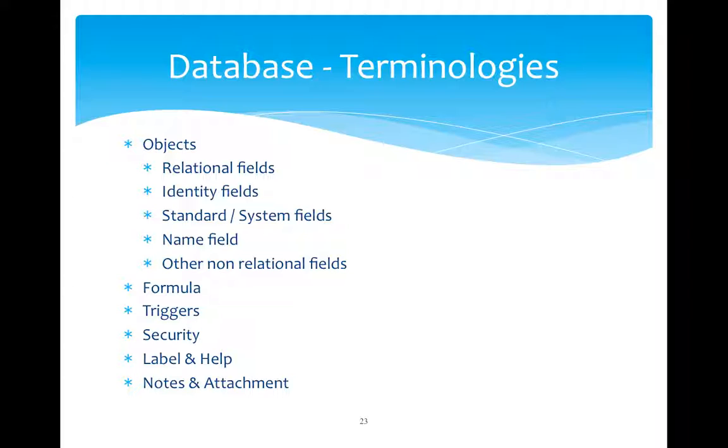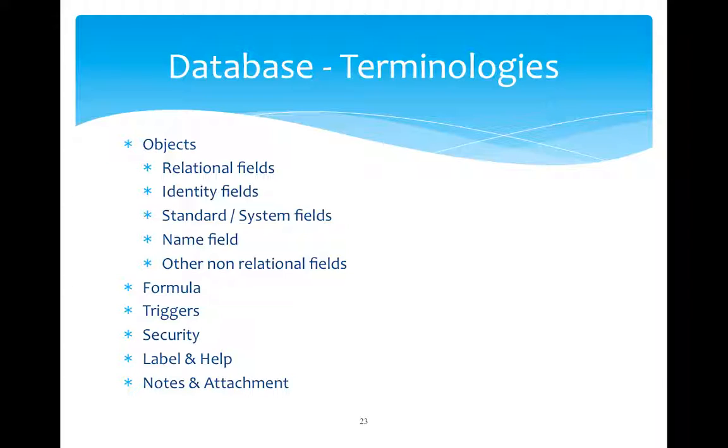The columns can be divided into a few categories in Salesforce. One is relational fields. Relational fields maintain a relationship with another object, and those are master detail relationship and lookup relationship. So you can create these two kinds of relationship fields in a Salesforce object.